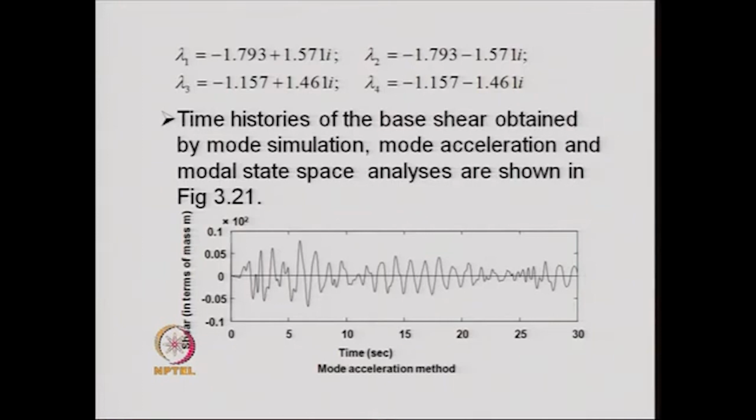Since it is only a problem of 4 degrees of freedom, we have considered all the 4 modes in finding the responses.